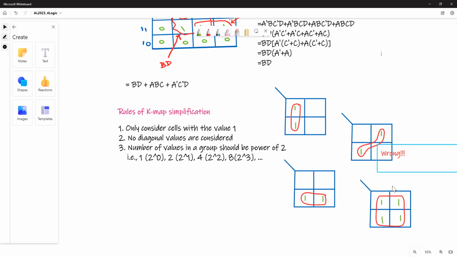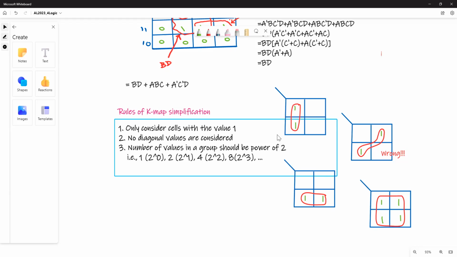That's the only way to make it. This is not possible. But you can connect like this, or even connect like this. And the number of values in the group should be 1 when you have isolated items, or 2, 4, 8, and so on.